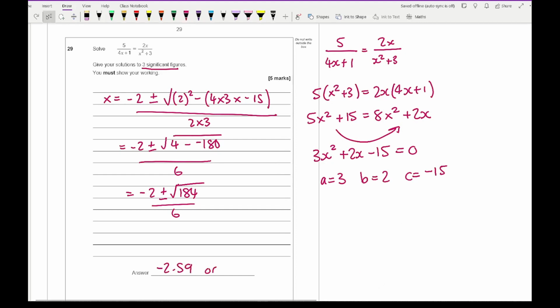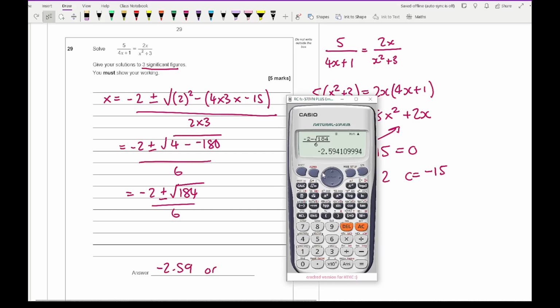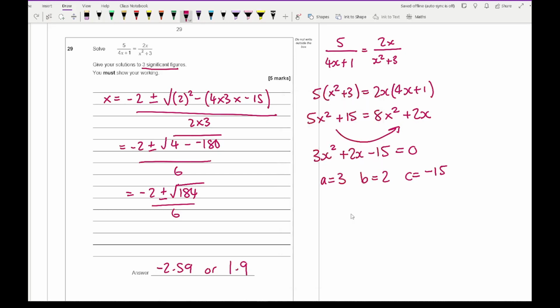I know that's not the number I read out, but there you go. And again, rather than typing it in, I just change that minus to a plus, and I get 1.93. And those answers are all to 3 sig fig, which is what it wanted me to do. And there we go.